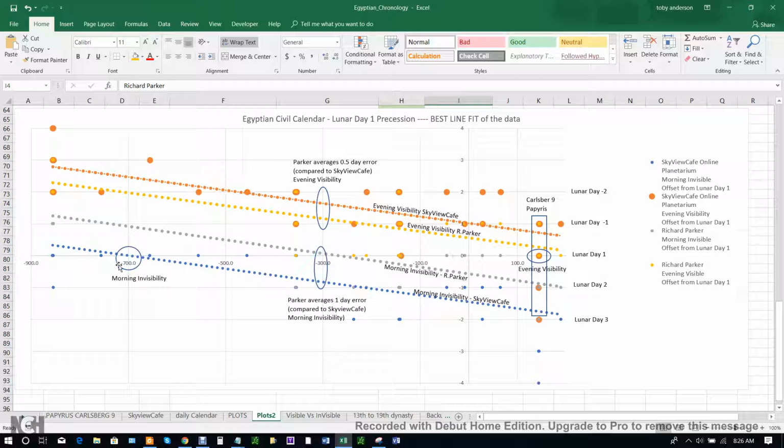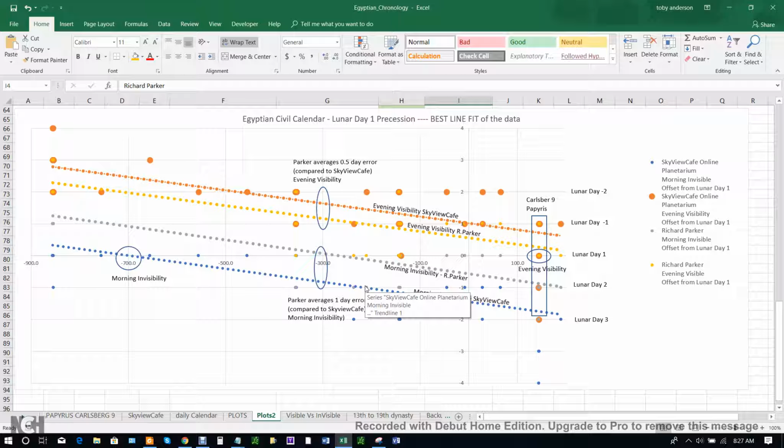This is lunar day 1, lunar day -1, lunar day -2, etc. And you'll notice that the difference between the orange line and the yellow line is about half a day. So what this says is that Parker averages about half a day of error compared to the SkyViewCafe for the evening visibility. Same thing down here for the morning invisibility. Parker averages about a day of error from the SkyViewCafe.